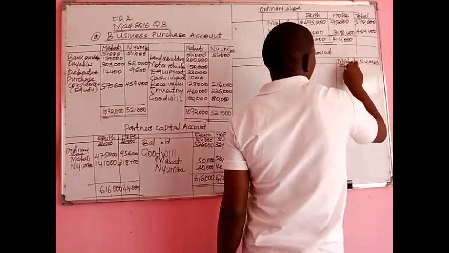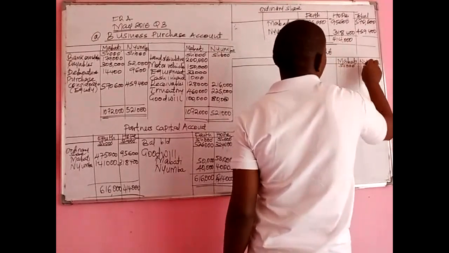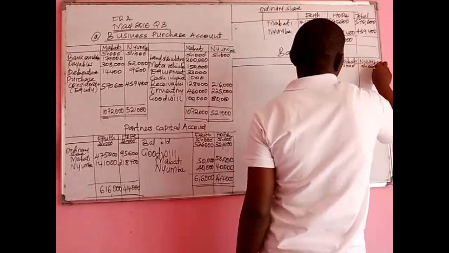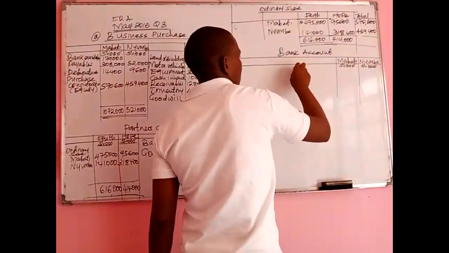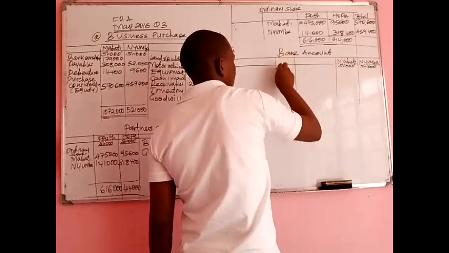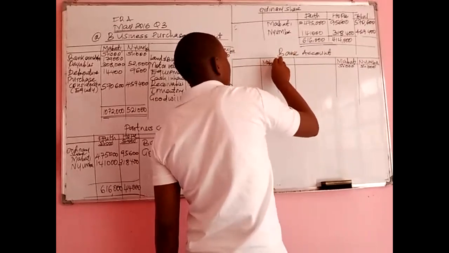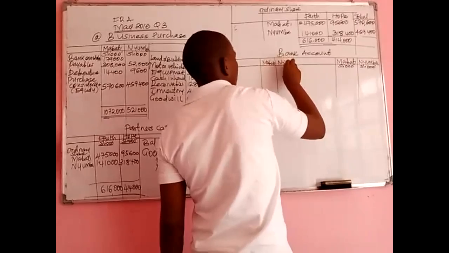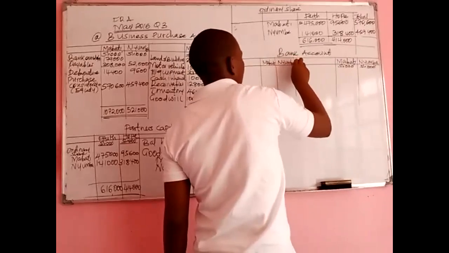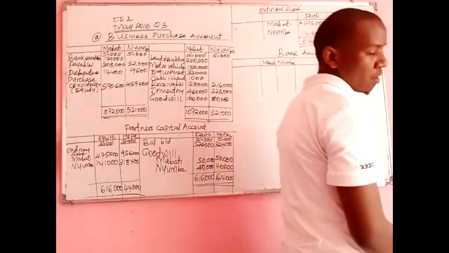So shillings in thousand. Shillings in thousand. And also have Mabati. That is bank account.